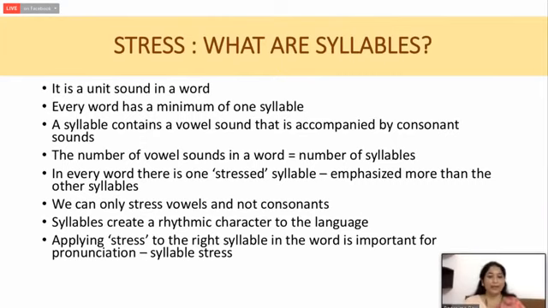When we utter a word, we stress only the vowel sounds and not the consonant sounds. Syllables create a rhythmic character to a language. Entertainment, entertainment. Applying stress to the right syllable in the word is important for pronunciation.